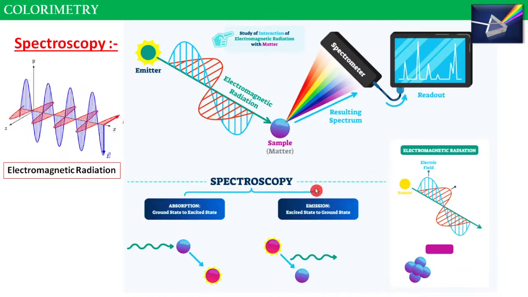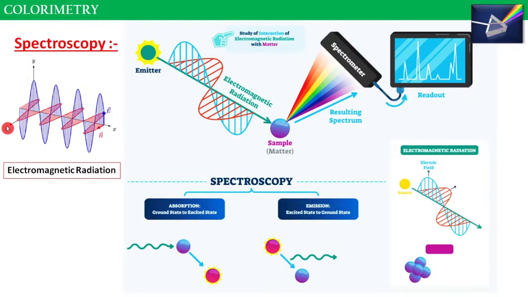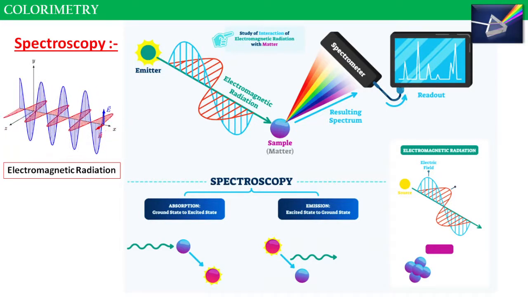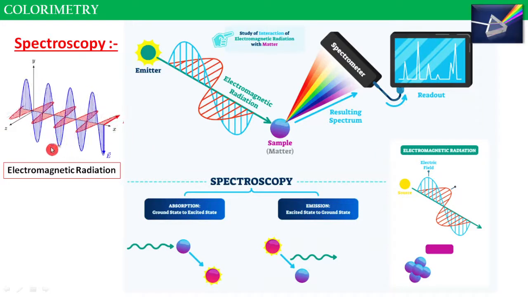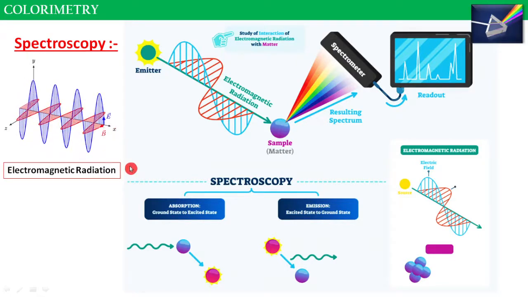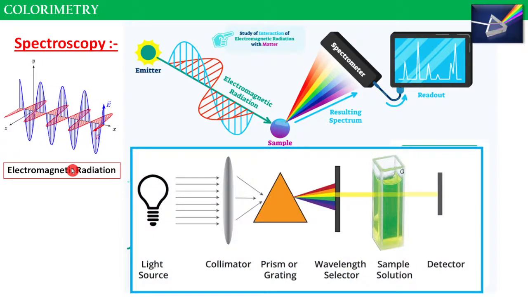So here this is the electromagnetic radiation, and the red line shows the magnetic field and the blue line shows the electric field. Here you can notice that both the electric and magnetic fields are perpendicular to each other. They are traveling in space with time.